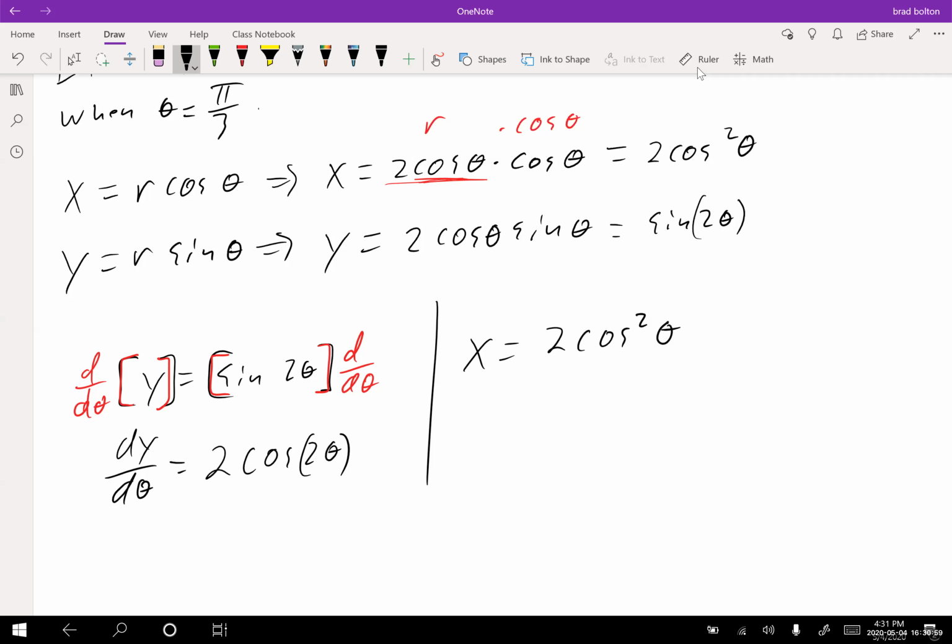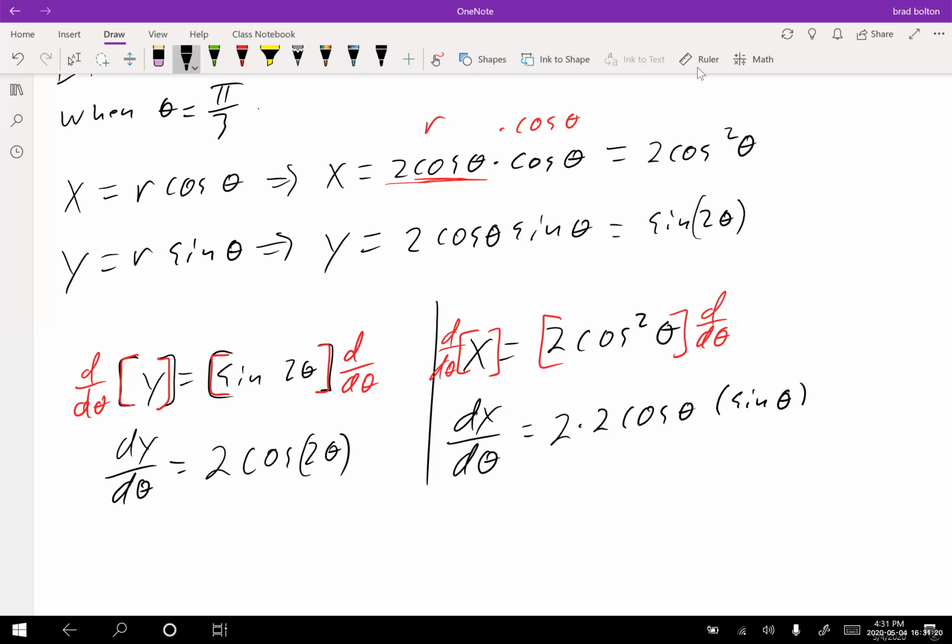So if we take d/dθ of both sides, this would be dx/dθ equals 2 times 2 cosine theta times the derivative of cosine theta, which is negative sine theta.